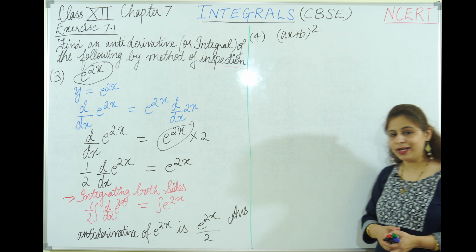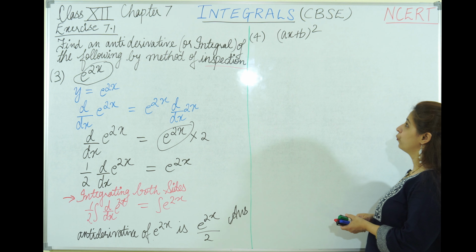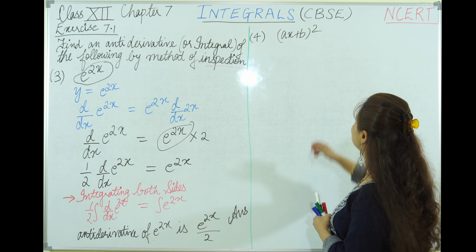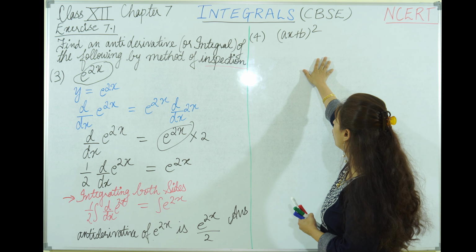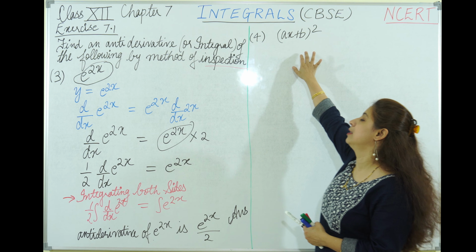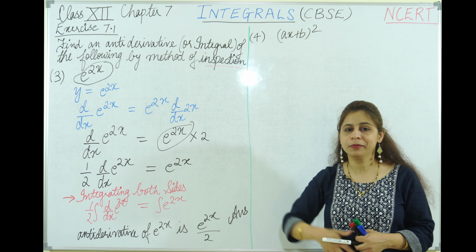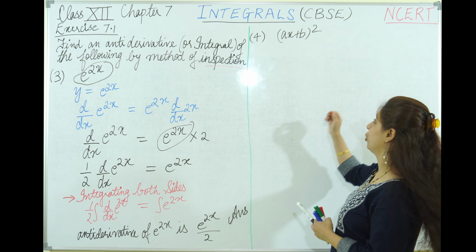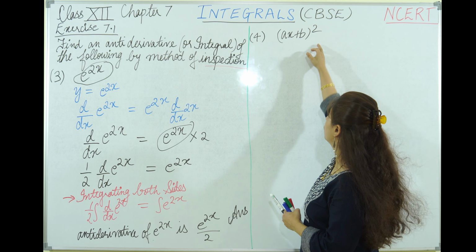Now let us move ahead to question number 4. Question number 4 says (ax plus b) whole square. How can we get this? What should we assume the function to be in order to get (ax plus b) whole square?